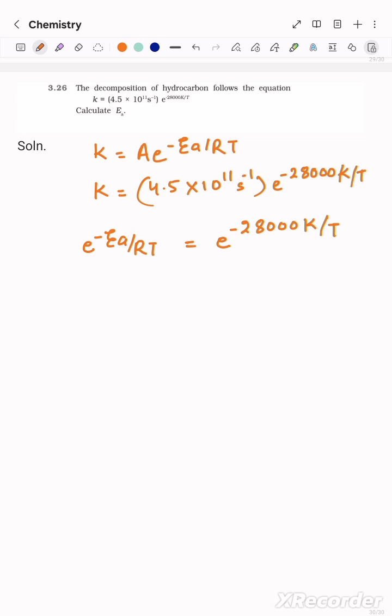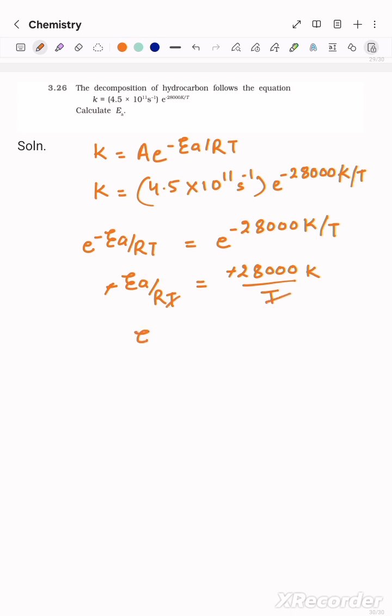Here we can write Ea by RT is equal to 28,000 upon T. So here minus minus cancel out and temperature also cancels out.